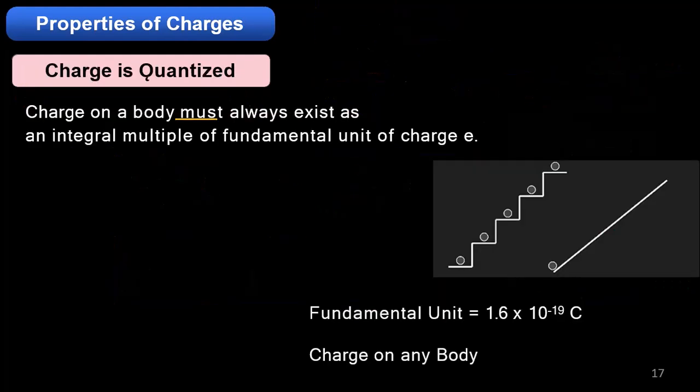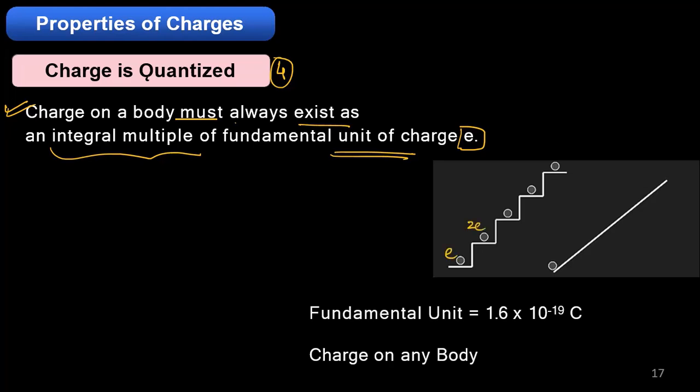Fourth property, charge is quantized. Quantization of charge: the charge on a body must always exist as an integral multiple of the fundamental unit of charge. What is the fundamental unit? e. So it can be e charge, 2e charge, 3e charge, 4e charge, 5e charge, and so on. All the charges increase by one unit, that means the electronic charge is multiplied by an integer.